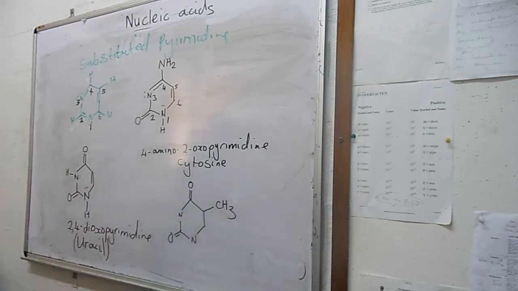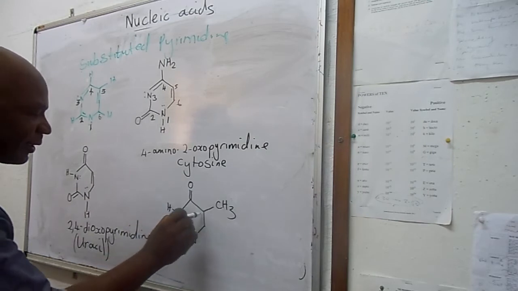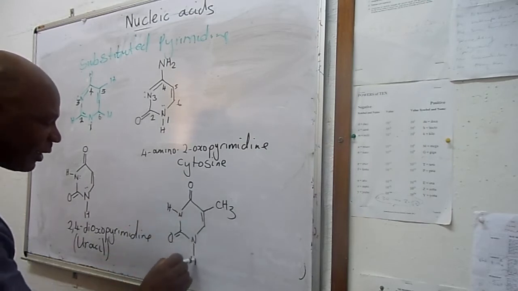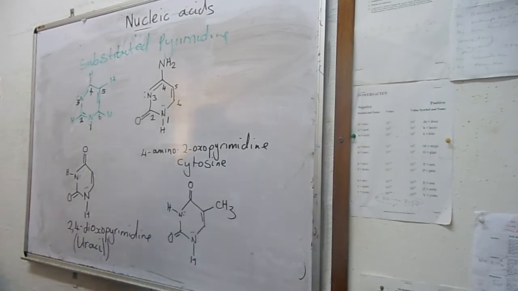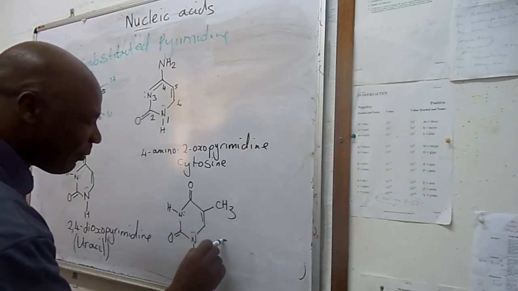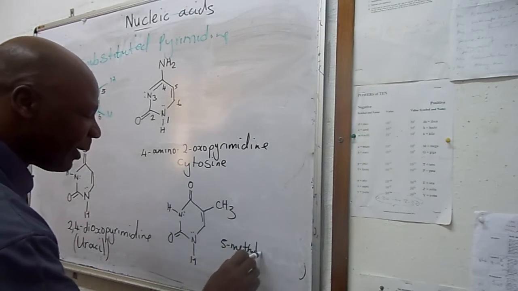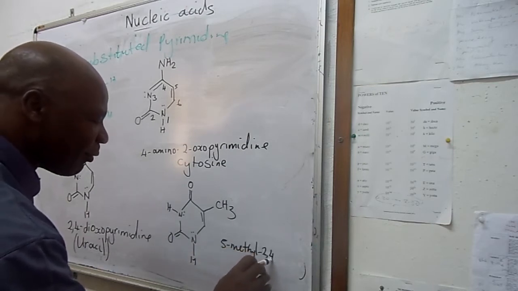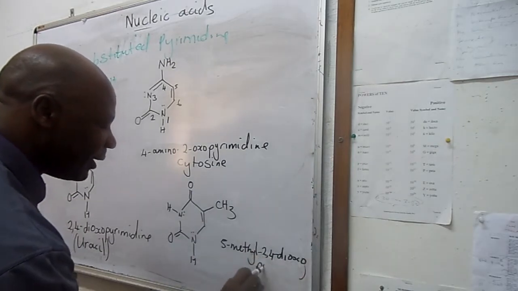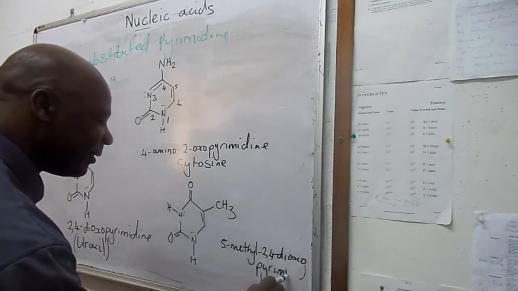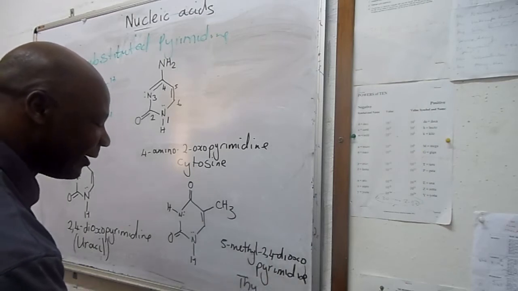If you balance off, we're going to have a hydrogen there, a double bond there, a hydrogen there. Of course, these have a lone pair. So in terms of nomenclature, at position number 5, we have the methyl. At position number 2 and position number 4, we have oxo groups. So dioxo, of course, it is a pyrimidine. This is commonly known as thymine.